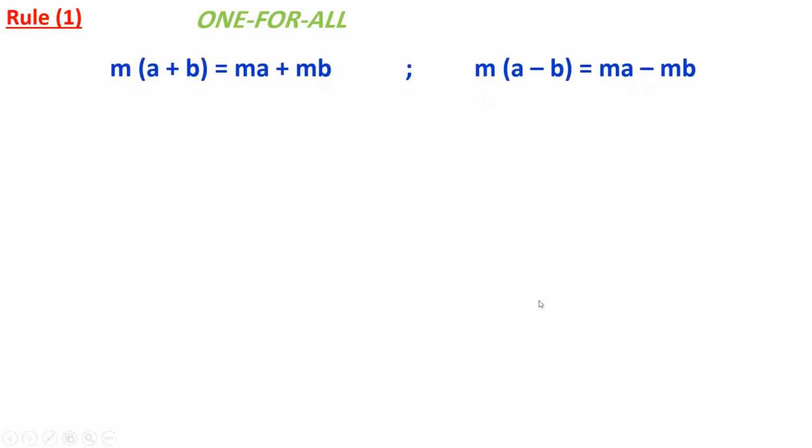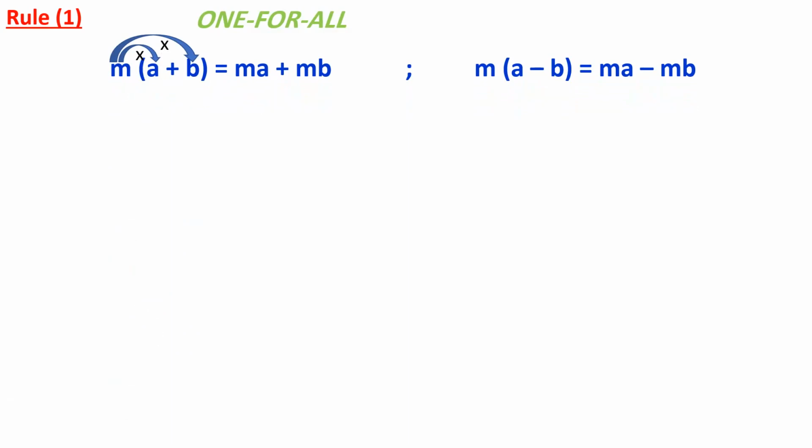The first rule in expanding is called the one-for-all rule, and the rule looks like this. We might have m times (a plus b). So we have a parenthesis, and in front of the parenthesis it is multiplied by m. How do we multiply? We say m times a is ma, positive times positive is positive, and m times b is mb.